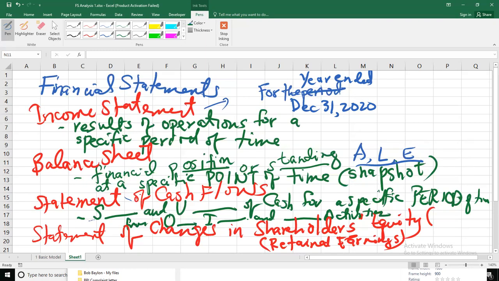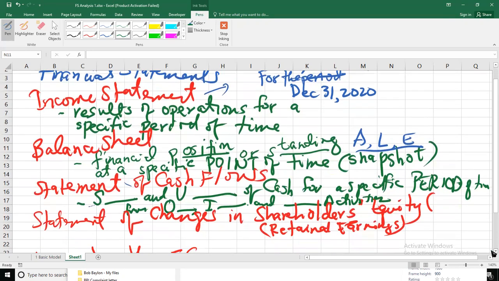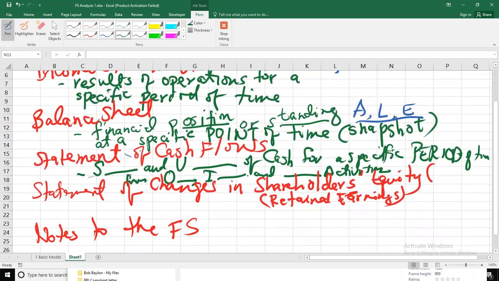Okay, I hope you understand my scribbles here. Okay, so ano siya, guys? Blank and blank of cash. So ano kaya tong S at saka U na to? For a specific period of time. Just like the income statement, yung cash flows, it's done for a specific period of time. Tapos from blank, blank, and blank activities.